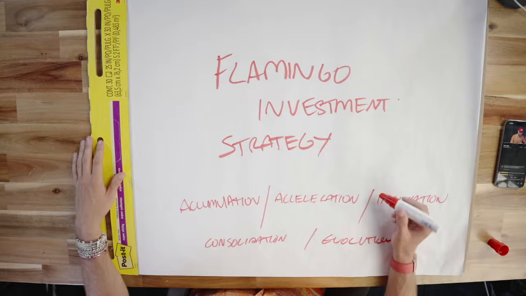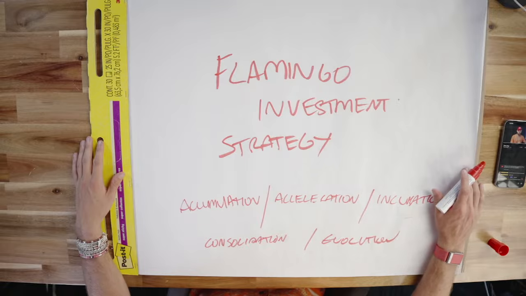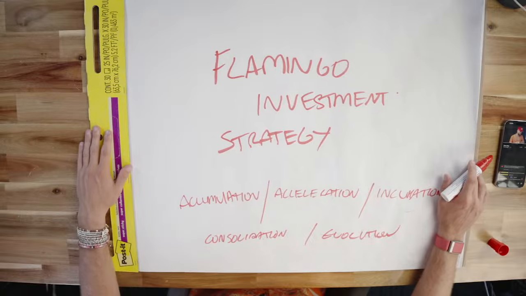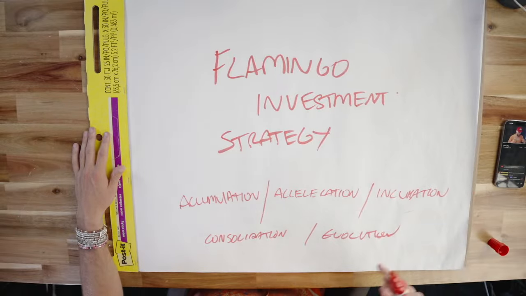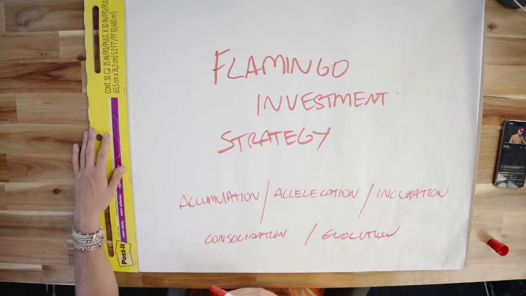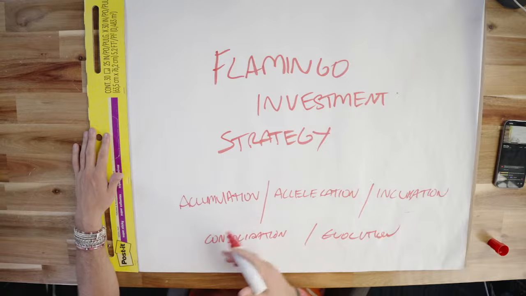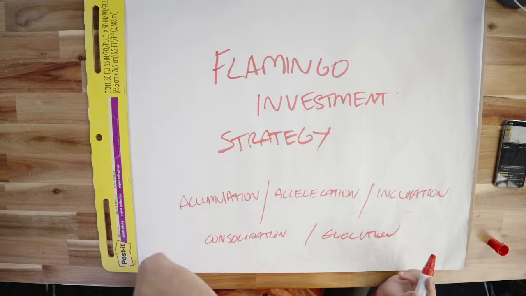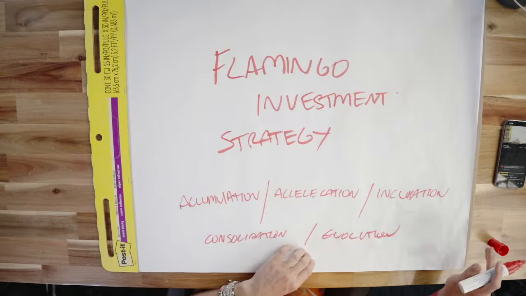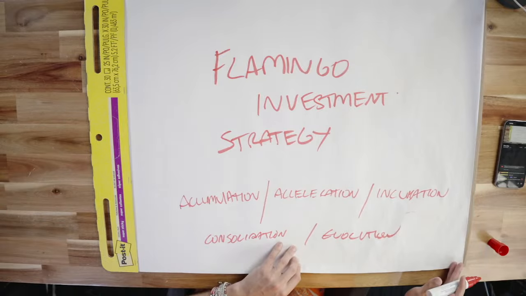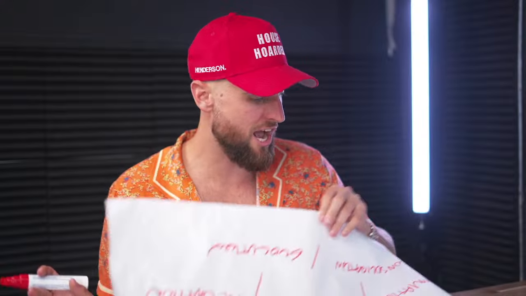We then go through incubation, which is where you make all the money. It's just holding the assets for a long period of time. Then we go through a sell down period, which we call consolidation, which is probably one of the most misunderstood parts of the strategy. And then we roll our capital into evolution assets, which are commercial in the real estate sector. So let's start with accumulation.